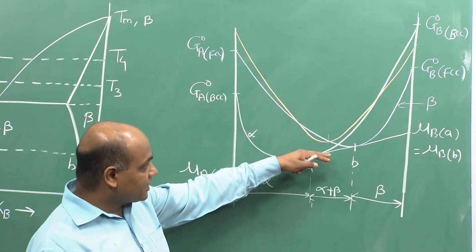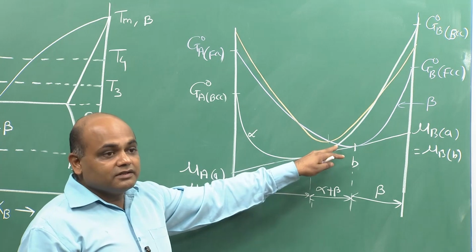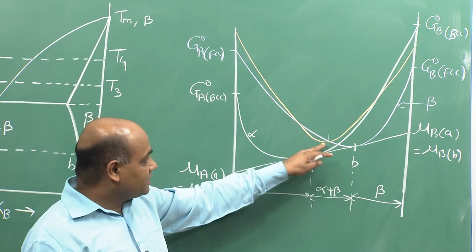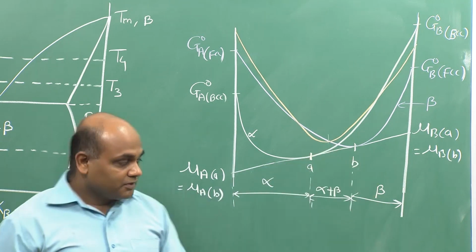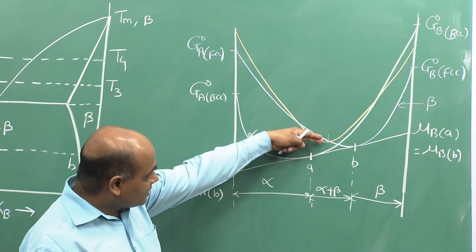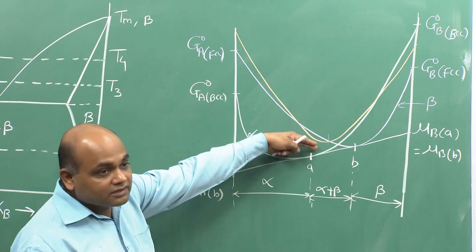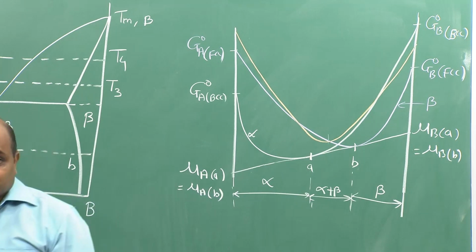So, at one point you can imagine the temperature will come when there may be a possibility that there will be a triple tangent, because this liquid curve relatively is shifting down. So, at some point it may touch the common tangent to both the solid solutions, right.